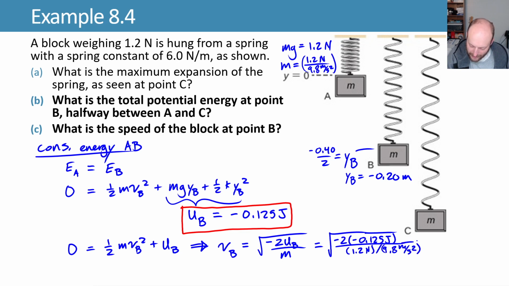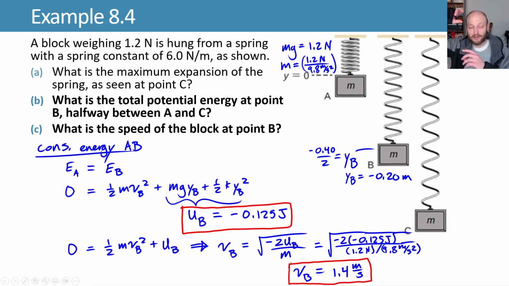So make sure you get that nested division in there if you're plugging this in yourself. And we should end up with 1.4 meters per second as our velocity at B. I think that's kind of cool that we can find an expected velocity just halfway between as this thing is falling based on conservation of energy.